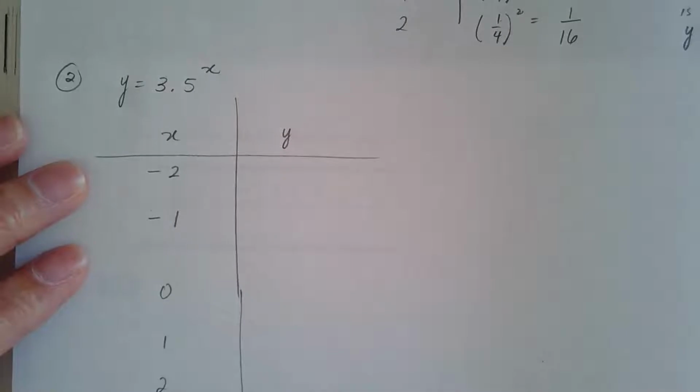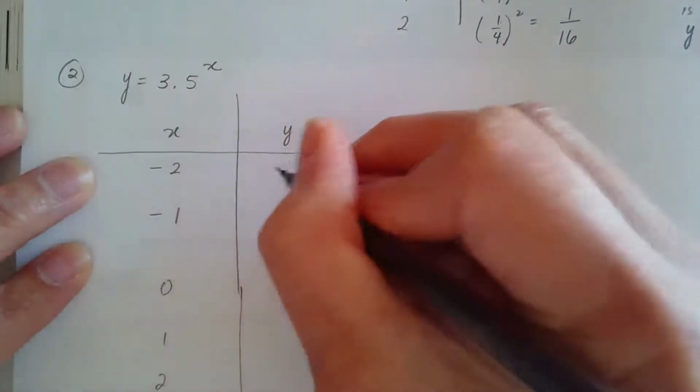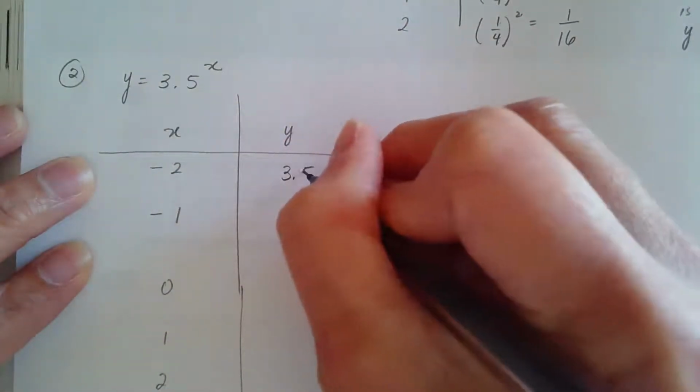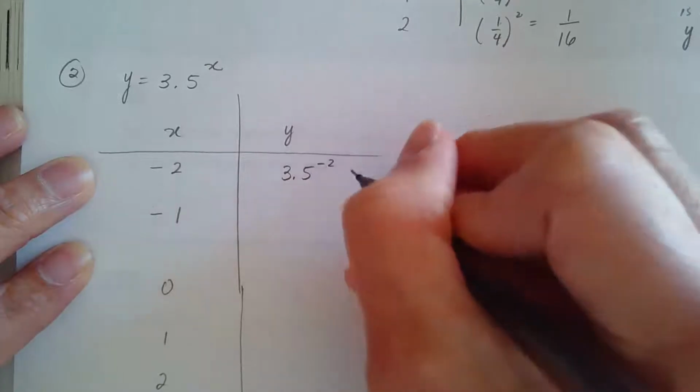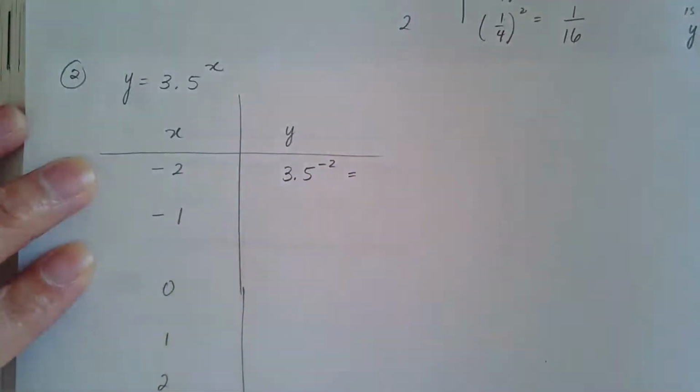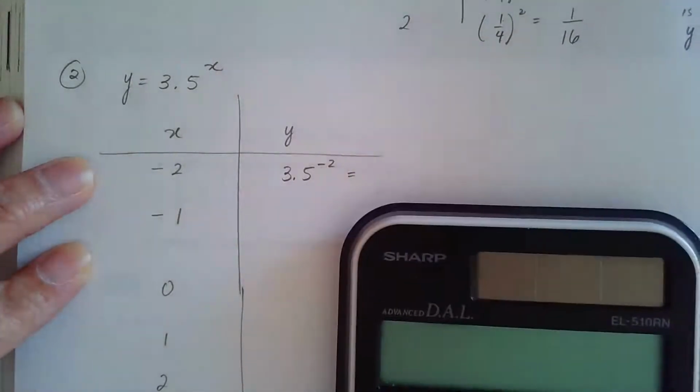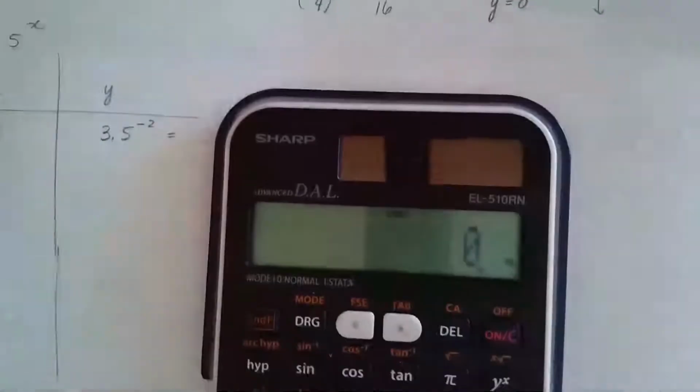Okay, so this one here, 3.5 to the exponent negative 2. Now we can use our calculator for this one. It's going to give us a decimal value, and that's okay.